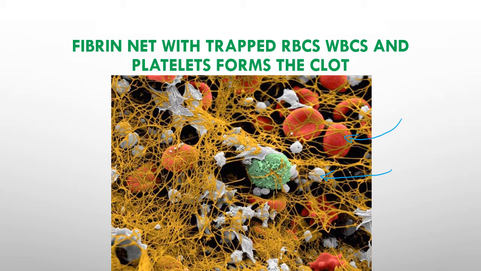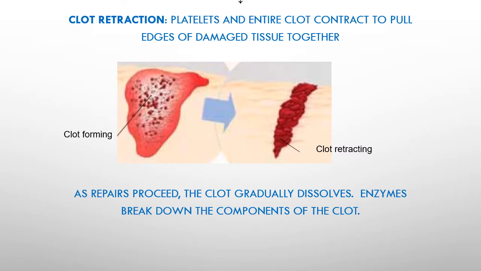Now that we have this big hole plugged, the edges of the tissue need to be brought back together, and we have what we call clot retraction. The clot has formed. We've got this big, large structure surrounding our damage, and we're going to have the entire clot pull things together.